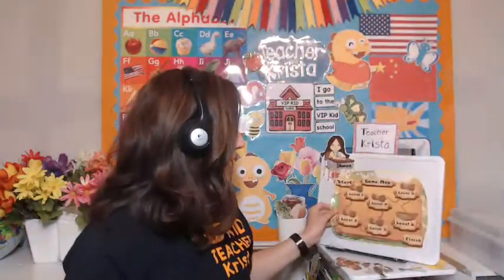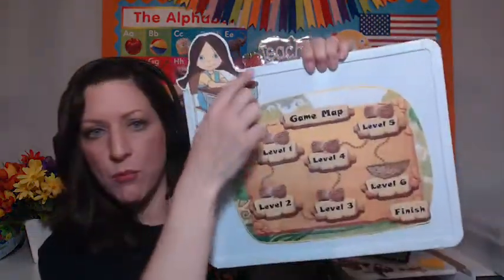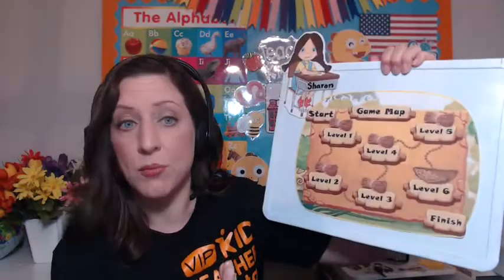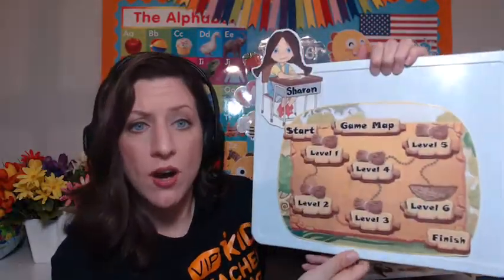Really simple. I laminate them, cut them out and stick a couple of magnets on the back. When the lesson starts, I have this ready. I always have my whiteboard as my reward board. It's a magnetic board, so I put everything on here and we start off our lesson with that.